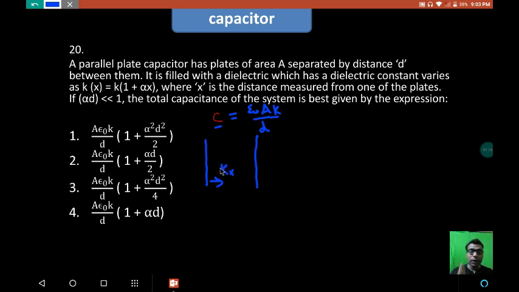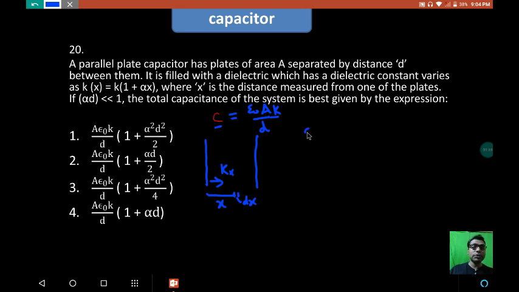Now we get a lot of small capacitors, and since they are in series, we simply find the effective value of the capacitance. So for that, we consider from one plate a distance x, and we have to find the capacitance of this small width dx. Then what will be the value?